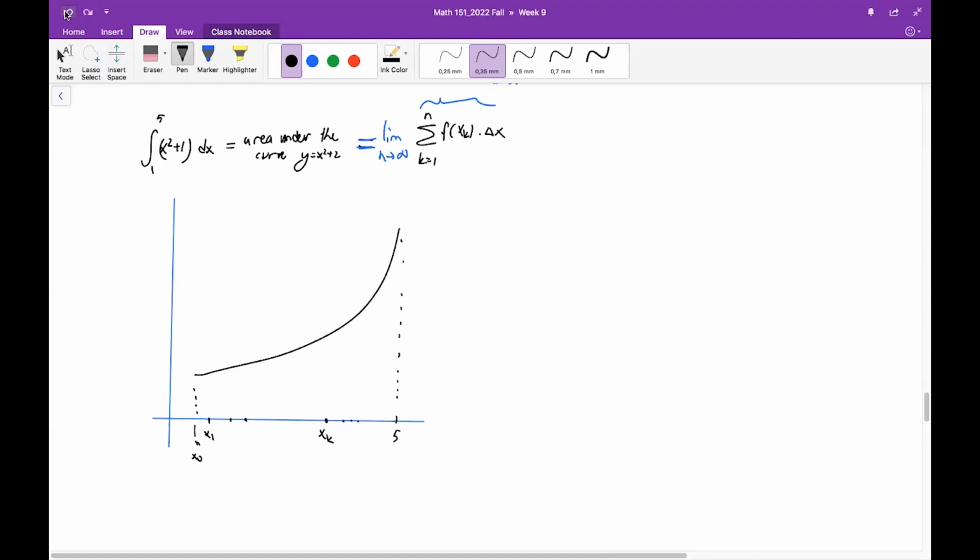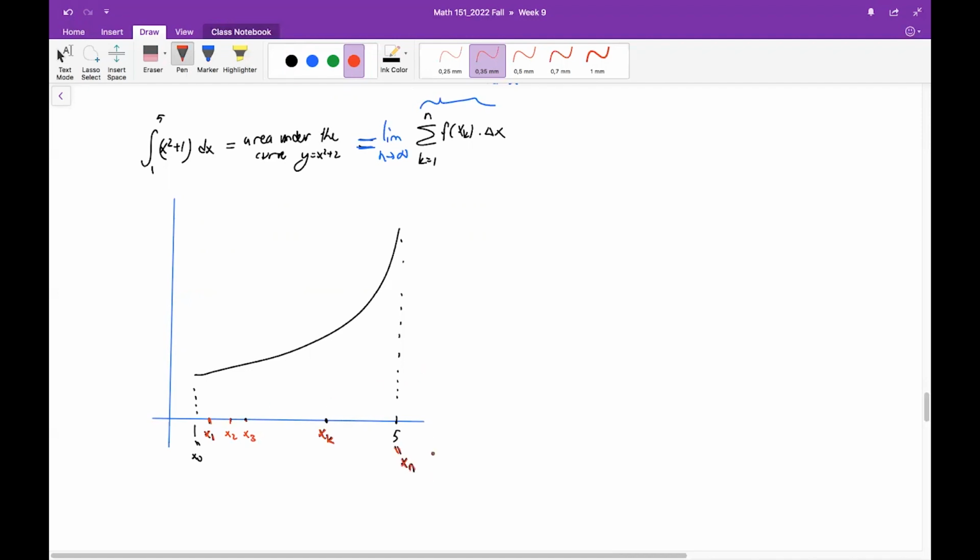And the last right endpoint will be xn. So this way, I divide this interval into n many sub-intervals on which I use the right endpoints to create the heights of my approximating rectangles.